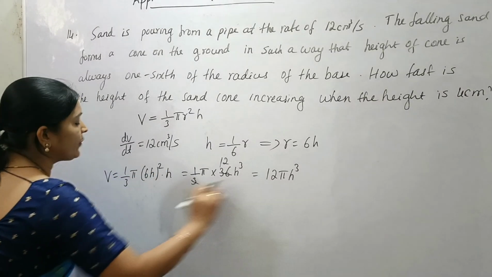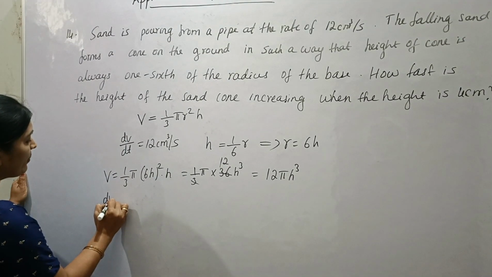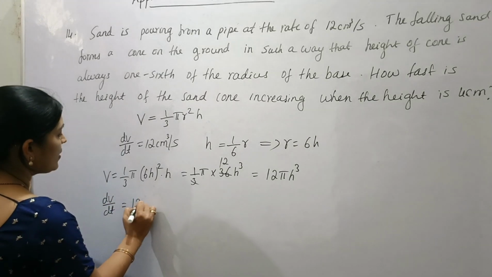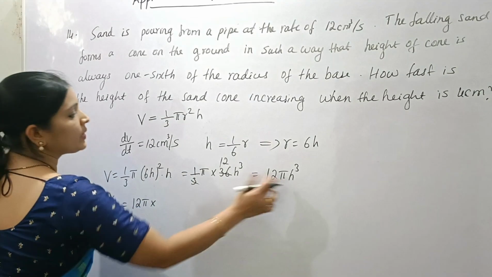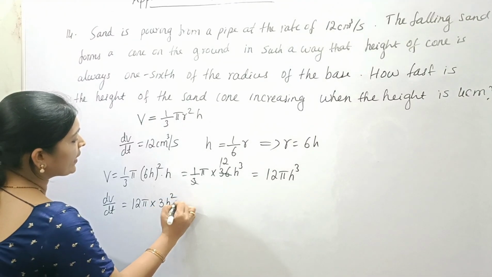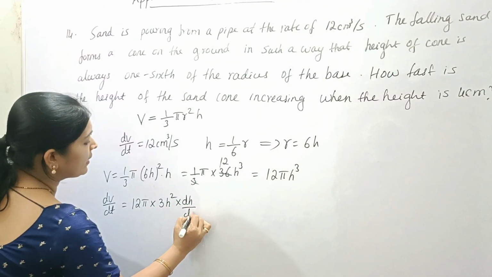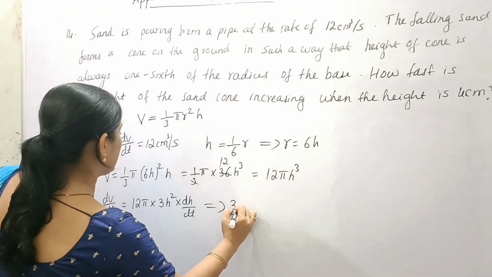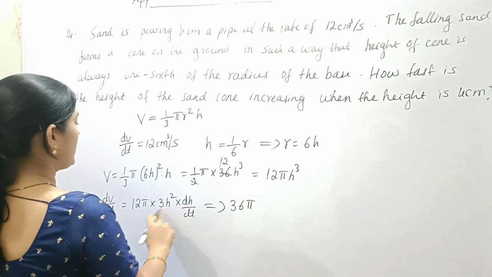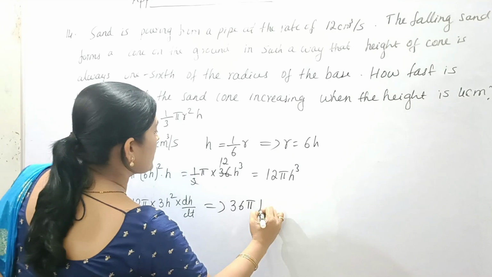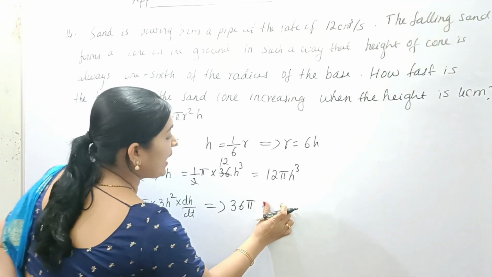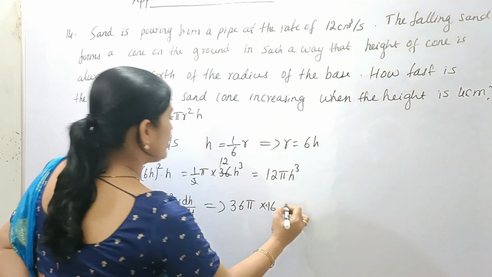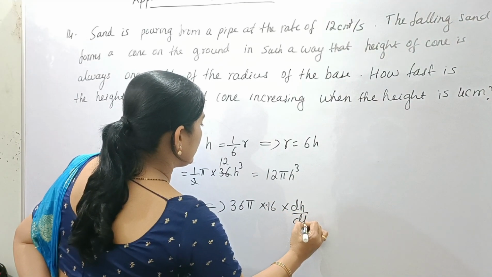So let's differentiate it with respect to t. dV/dt is equal to 12 π into 3h² into dh/dt, that implies 36 π h². What is h? When the height is 4 cm, h² is 16, into dh/dt.